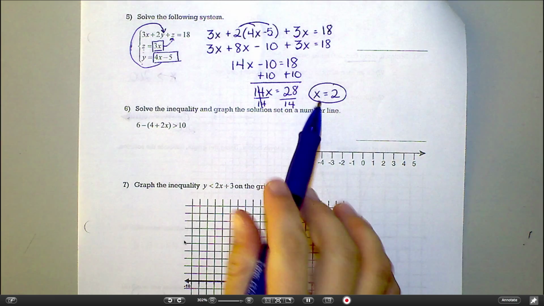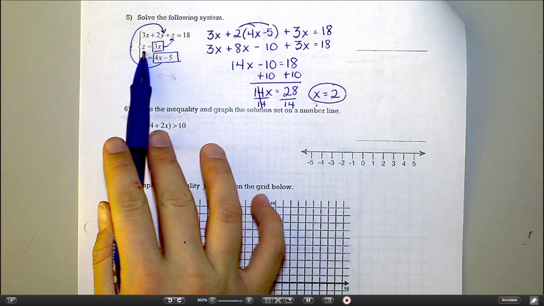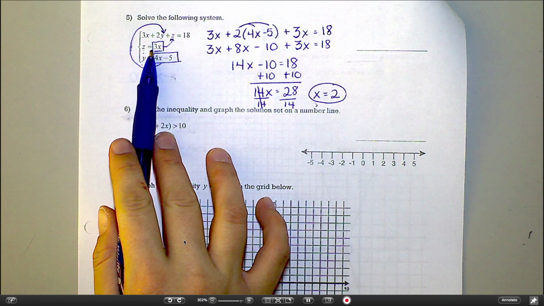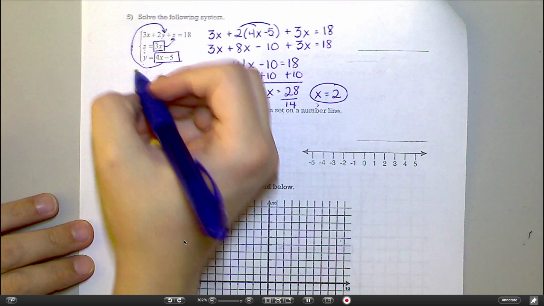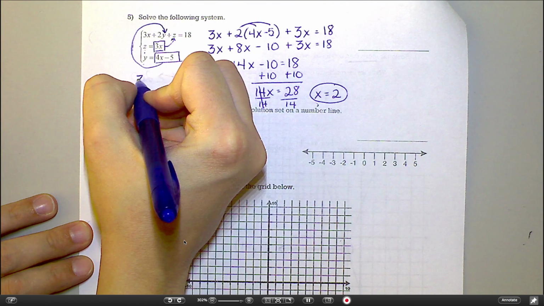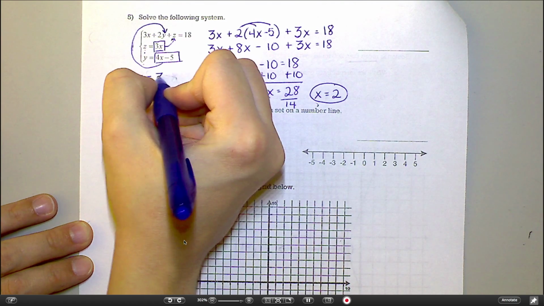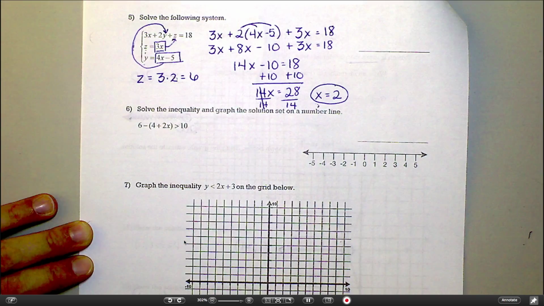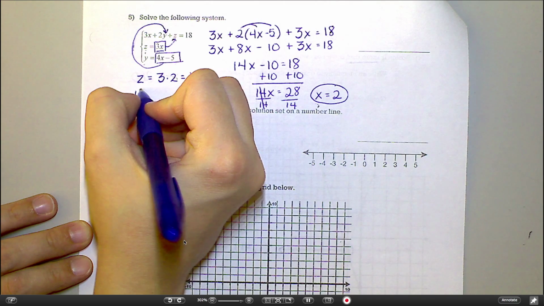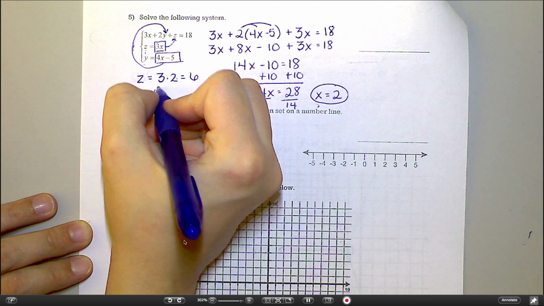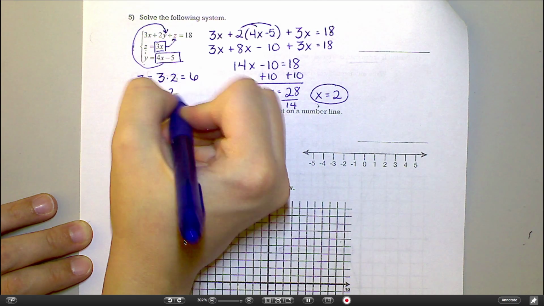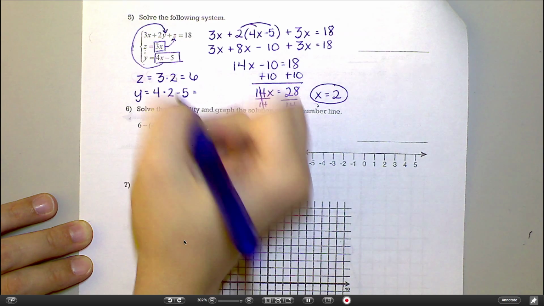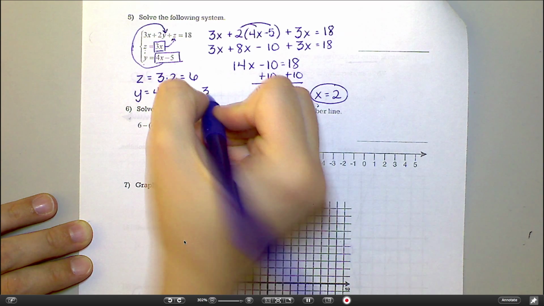And knowing that x equals 2 allows me to plug in to find what z equals and what y equals. So if z equals 3x, that means z really equals 3 times 2, which is 6. And if y equals 4x minus 5, then y equals 4 times 2 minus 5. That's 8 minus 5, which is 3.